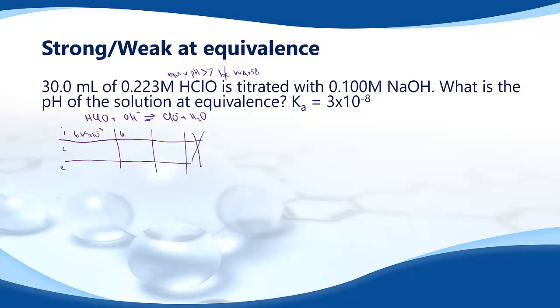So we've also added 6.69 times 10 to the minus 3rd moles of this. This is a 1-to-1 reaction. So we're going to be left with no HClO minus, no hydroxide, and our amount of hypochlorite.